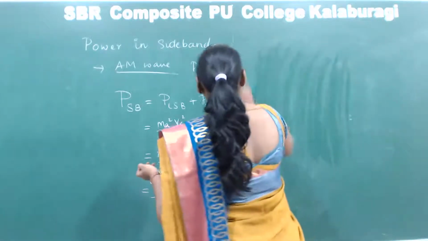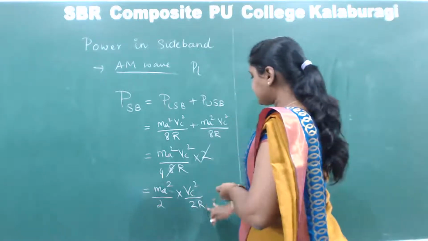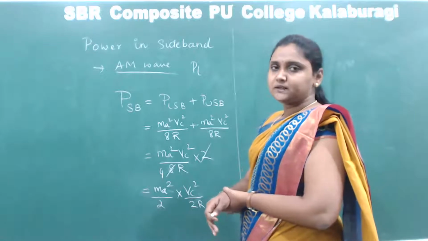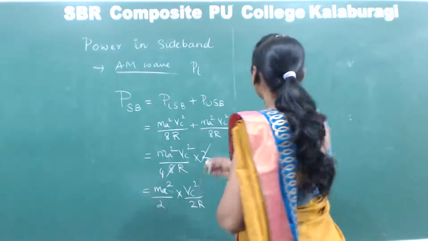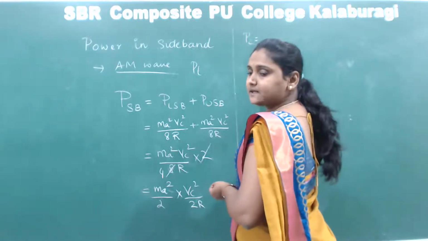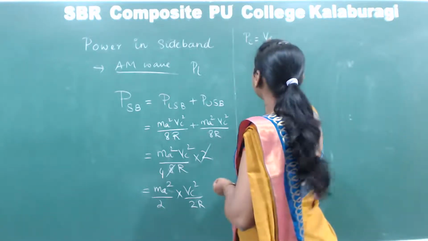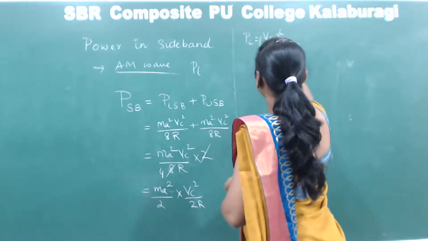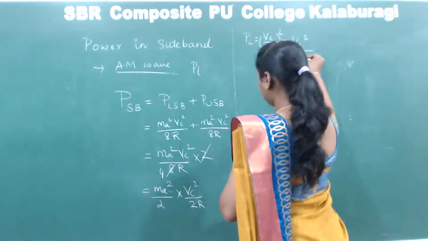So this can be further written as MA square by 2 into VC square by 2R, where VC square by 2R is nothing but the PC value. How? Carrier power PC is given as the RMS value of the peak value, that is VC, the peak value, divided by root 2, whole square, divided by R. That gives you VC square divided by 2R.